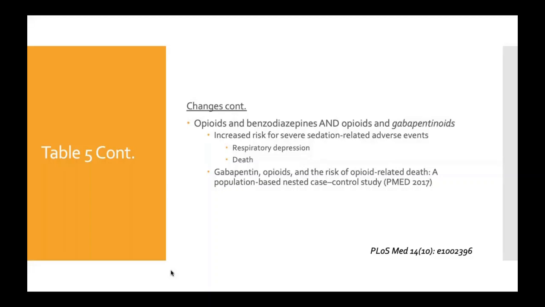But really, caution should always be taken if you have patients on both opioids and gabapentinoids. And just as a reminder, gabapentin is renally dosed, so make sure you're always looking at their overall daily dose and the frequency of dosing in patients who have poor renal function.